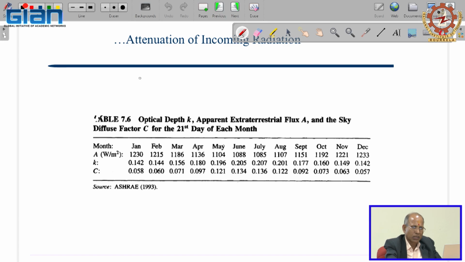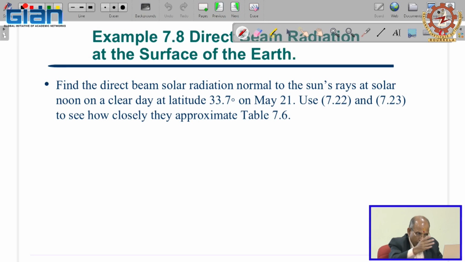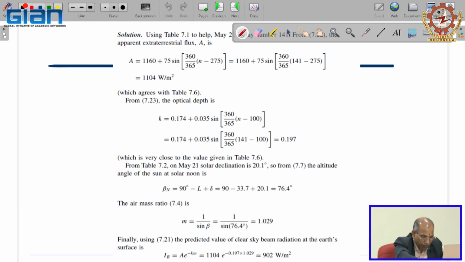You can also use the formula, and both will come very close. This example tries to explain the same story. So you can find the value of A and K using the formula, and you can also use the table. The values will come very close.